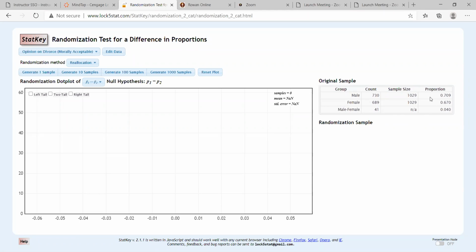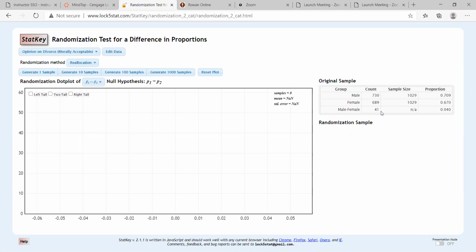All right. So we have 1,029 married couples, males and females. Suppose we ask each person in the couple the following, and we ask them separately from each other. All right, so they're independent answers. We ask them, do you find divorce to be morally acceptable?